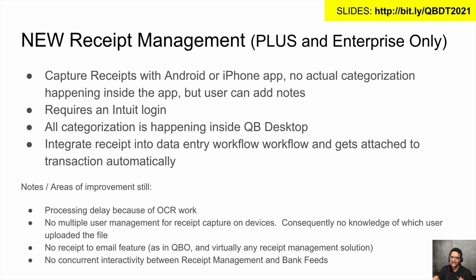So you're not going to choose any categories or add a class or a customer job. None of that stuff happens on the phone app, right? The phone app is just take the picture, upload, and then it goes into QuickBooks Desktop. So now you need to integrate the receipt into your data workflow, and it attaches a receipt automatically to the transaction.